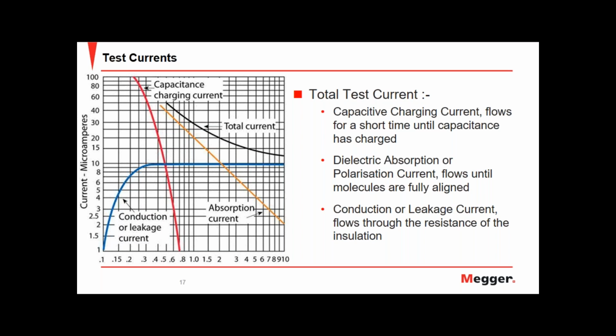The leakage current that will circulate due to the resistance measurement is through the insulation, through the cellulose, and through the oil. So no, that is not going to affect it.